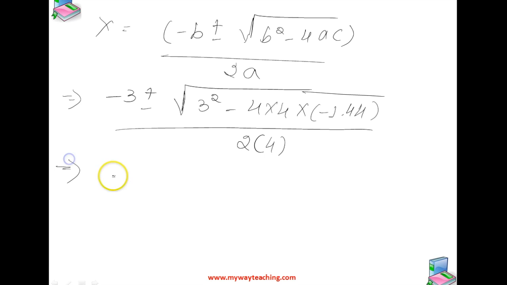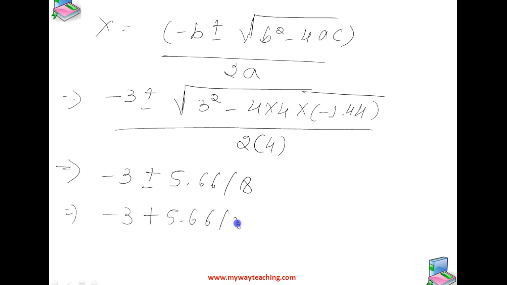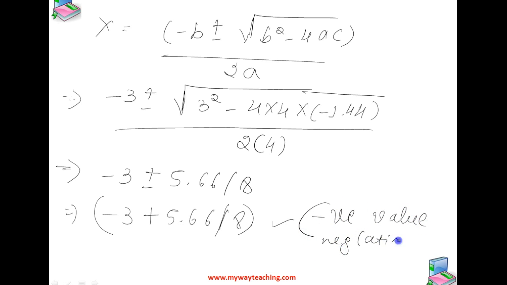So you will get minus 0.3 plus or minus 5.66 divided by 8. After solving this, as the value of x cannot be negative, we neglect the negative value.